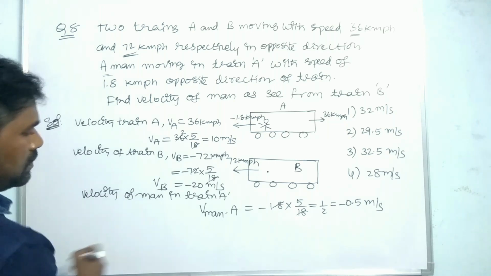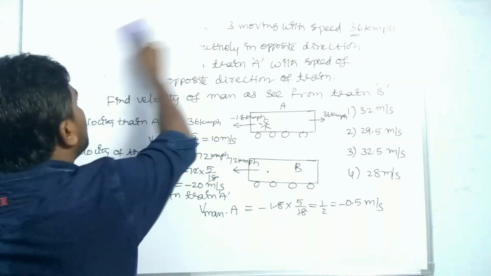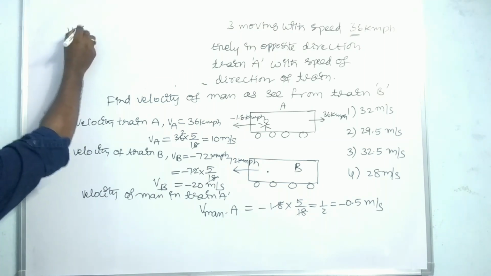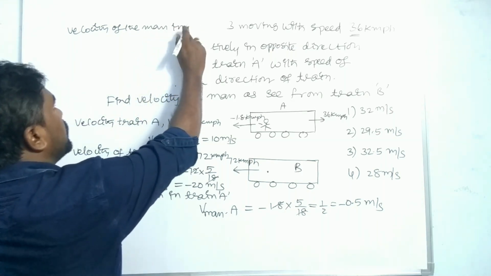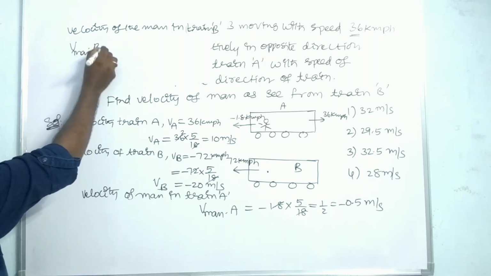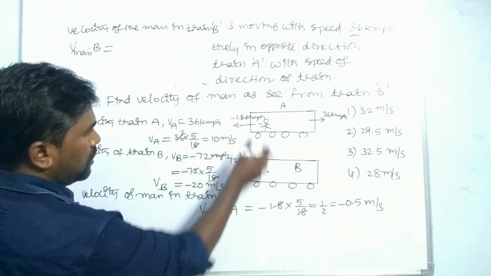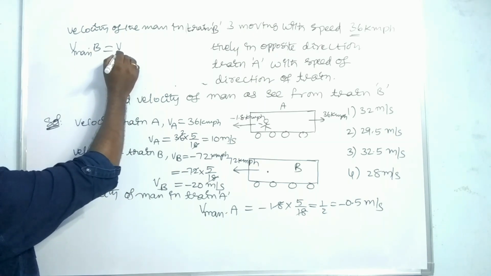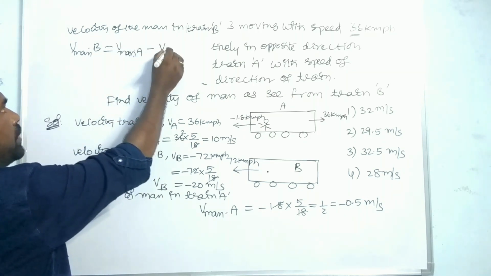Let us write the velocity of the man in train B, that is V man in B. This is moving and this is also moving, both are in motion, so it can be said to be relative motion from A to B. Therefore, velocity of man in A minus VAB.